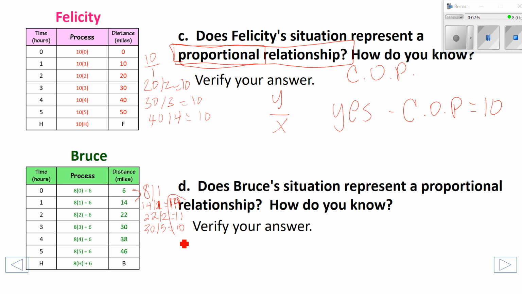So if you notice, there is no constant of proportionality because the y over x is not constant. So we know that this is not proportional. So Bruce doesn't have a constant of proportionality, and Felicity does.